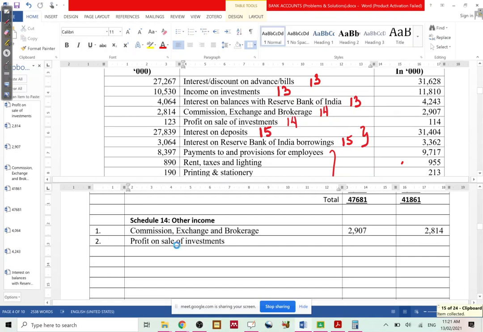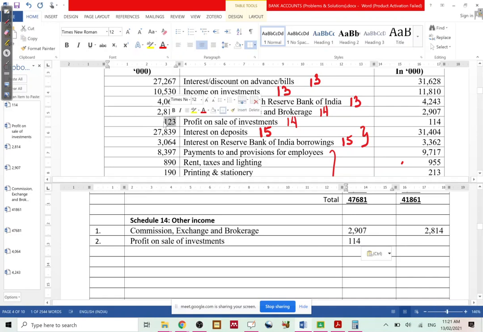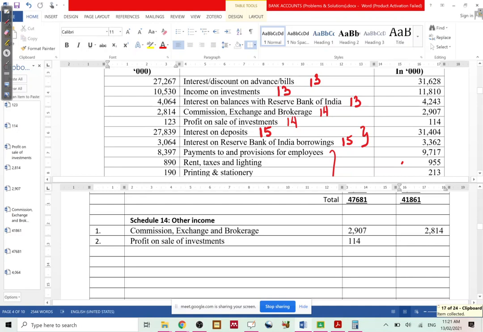So you can see that you can score a lot of marks just by knowing where to post which item. So current year 114. Please understand all these items are in thousands. So they are not just 123, but they are 123,000. And that's it. Schedule 14, we have two items.